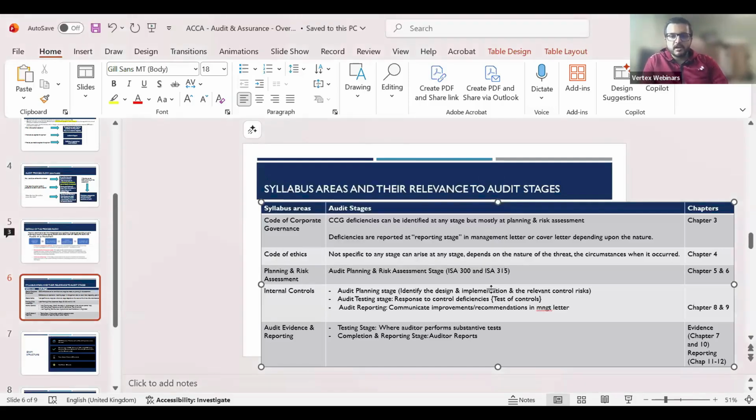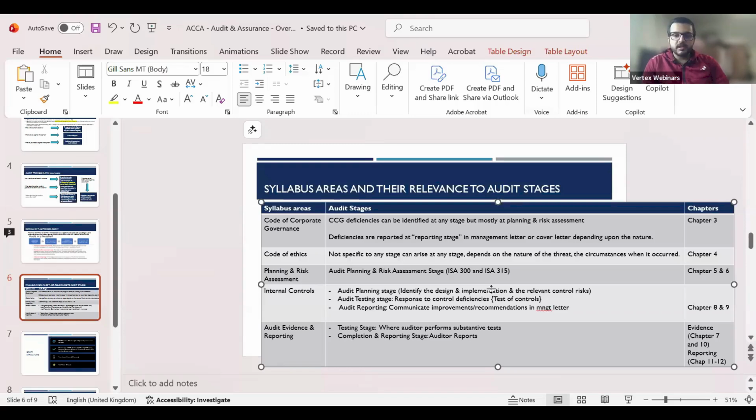Deficiencies are reported at the reporting stage in a management letter or cover letter, depending upon the nature. Management letter, if you feel that these deficiencies are halting the company's system, then you tell them in the management letter. A management letter is addressed to those charged with governance, your board of directors.